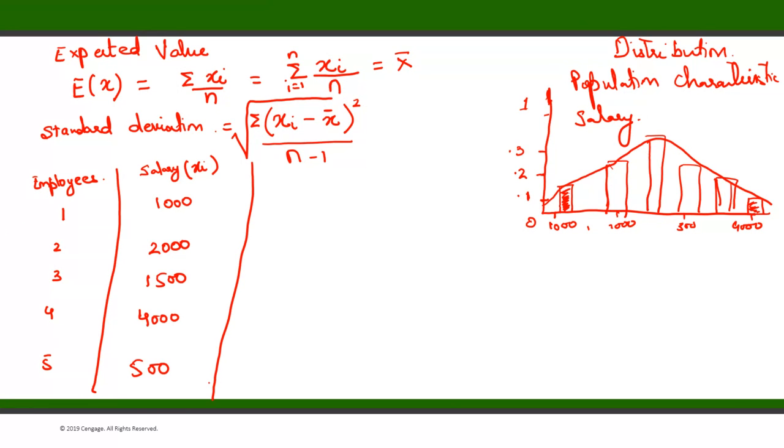All right, so we can find x bar. We can easily find x bar, which is 1,000 plus 2,000 plus 1,500 plus 4,000 plus 500, and it comes out to be 9,000.